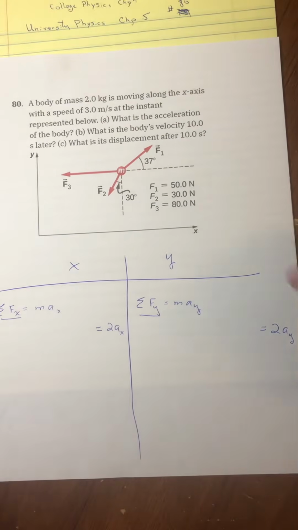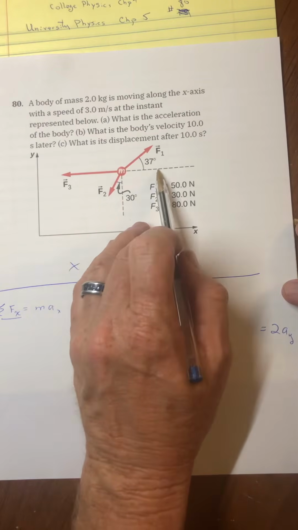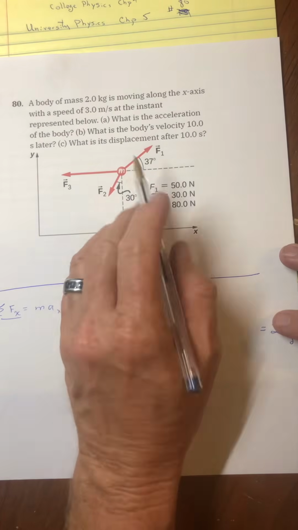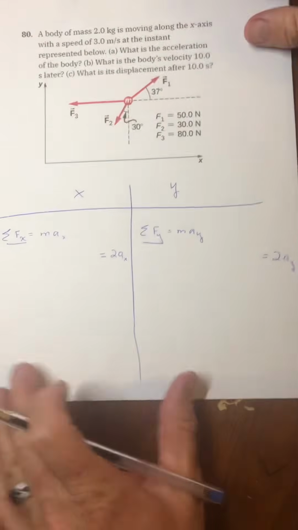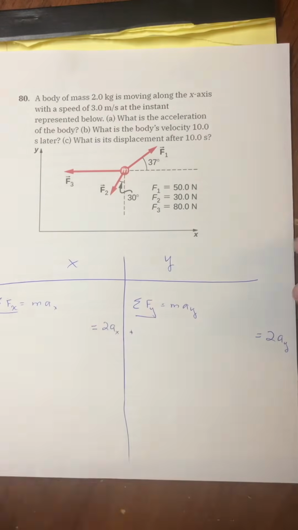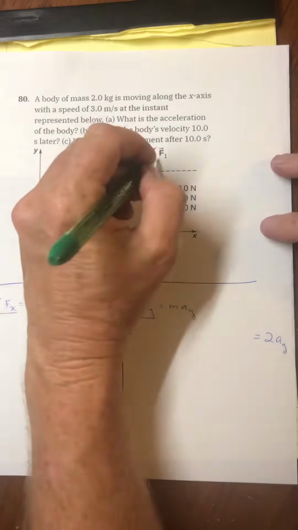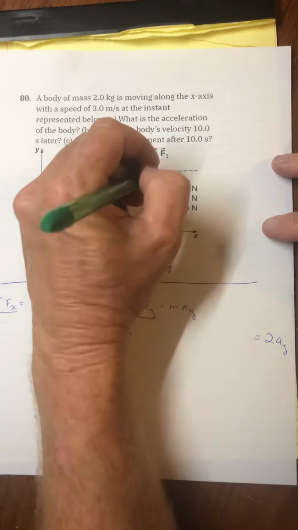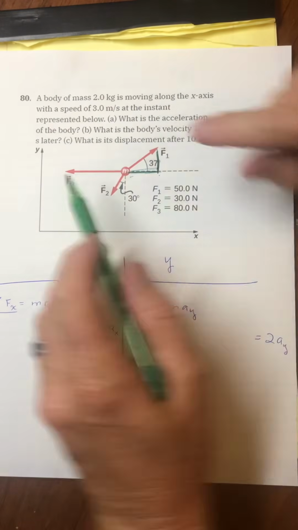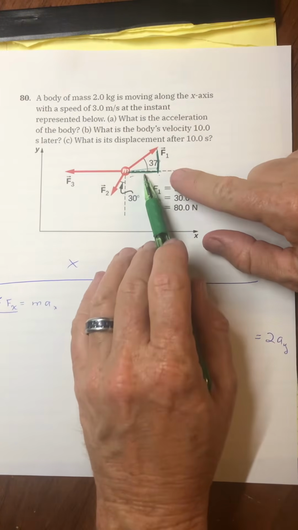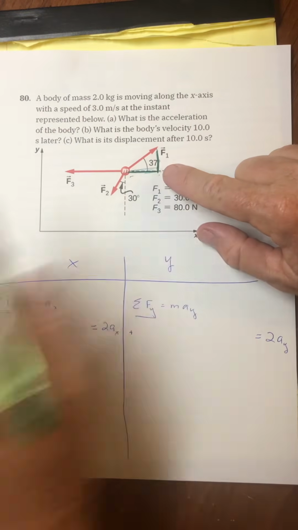All right. So let's look at force number 1. You'll see it is over to the right and up. So that means for x, it is positive. I guess it also means for y, it is positive. Now for x, if I view this little piece as made up of a horizontal piece and a vertical piece, I would want the piece here for x, right here, adjacent to this angle of 37.